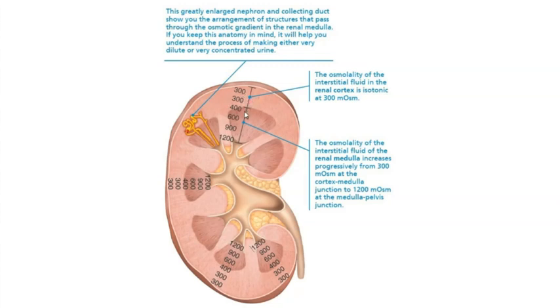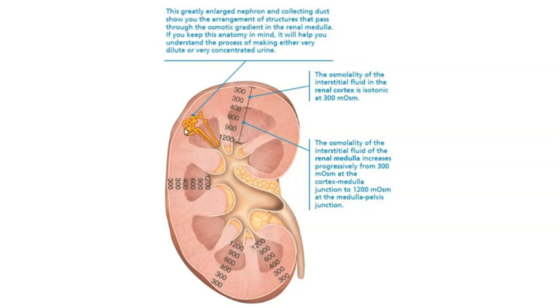But as you dive deeper into the renal pyramids and the renal medulla, you see the filtrate becoming much more concentrated. In fact, it can increase its concentration to about 4 times more than what we saw in the renal cortex. So we see a maximum of about 1,200 milliosmoles in fluid osmolarity, I should say, at the papilla of the renal pyramids.